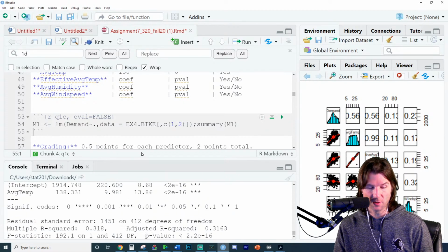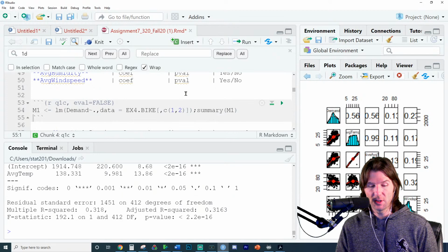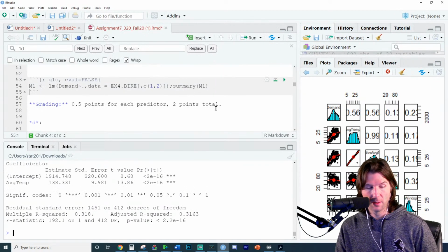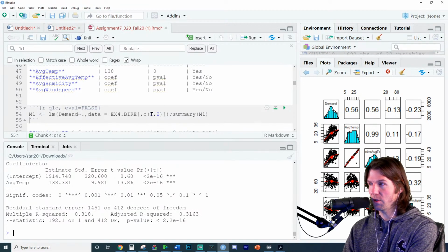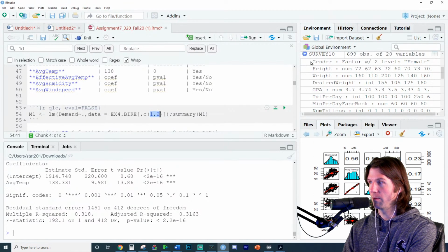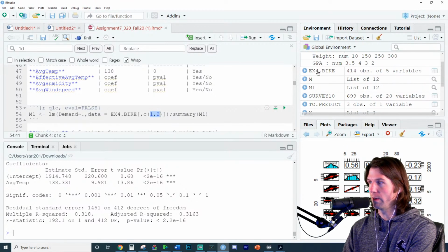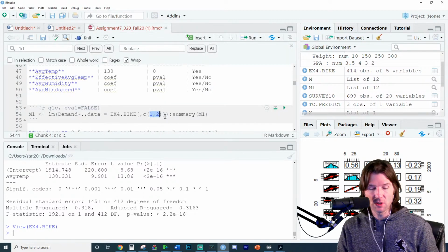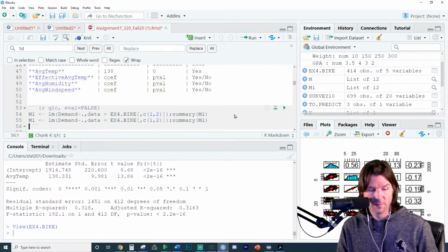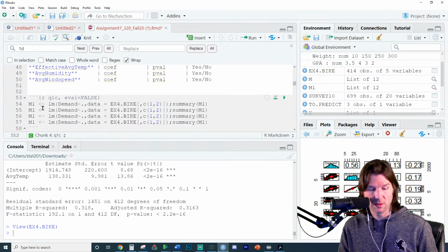This might be confusing, don't do this if you don't want, but do you see how with this code I'm taking the first and the second column of the data? The first column is demand. The second column is average temp. Next, I'll take the first and third, then the first and fourth, then the first and fifth. And we can just copy this code right here and change it.